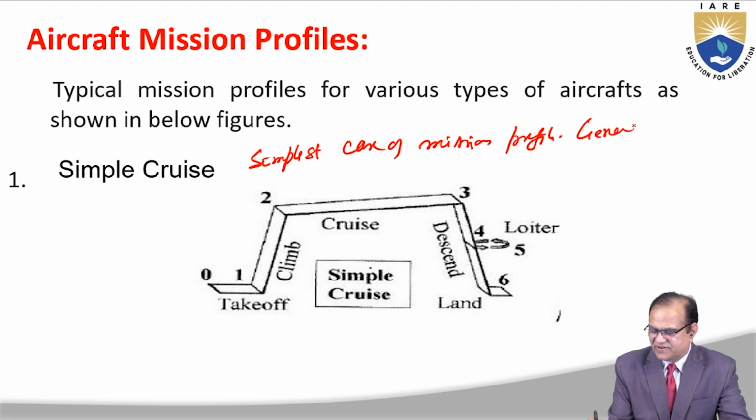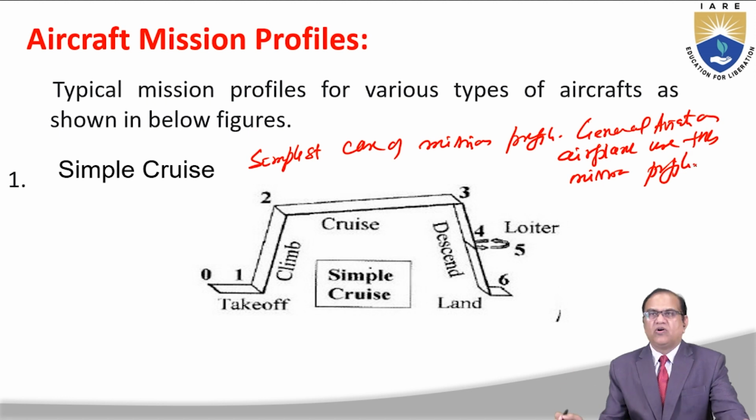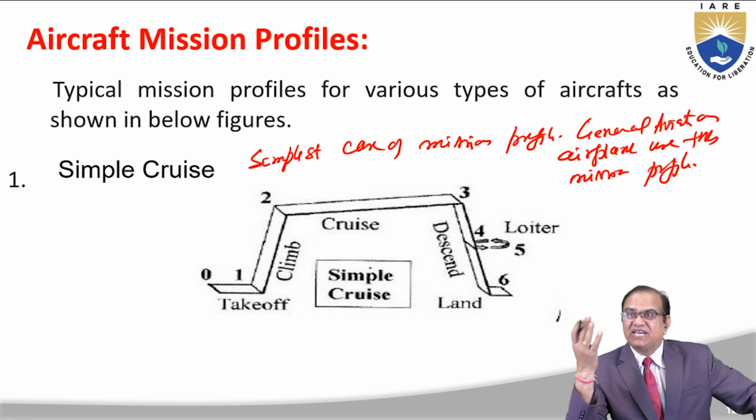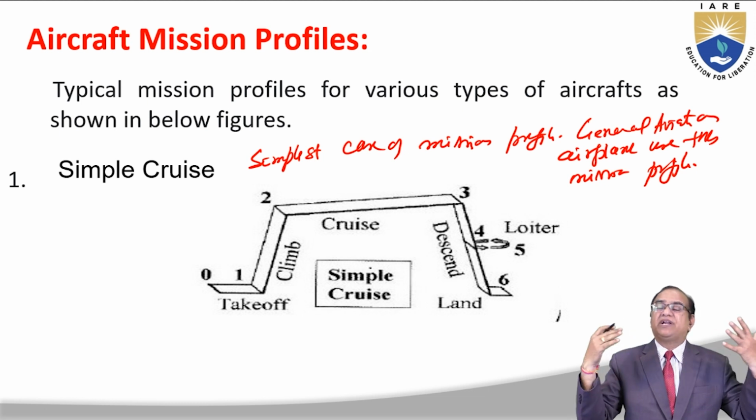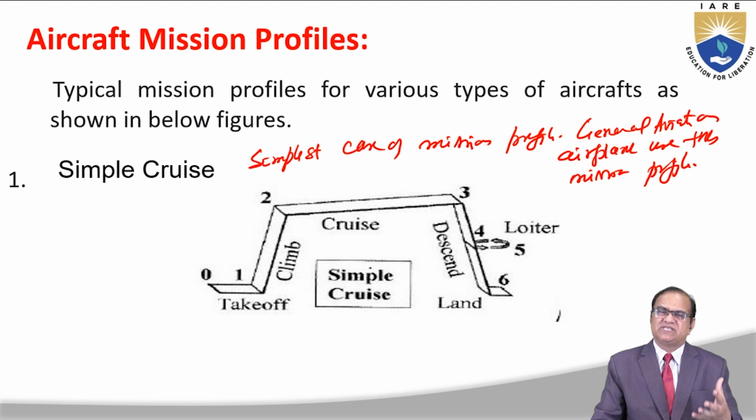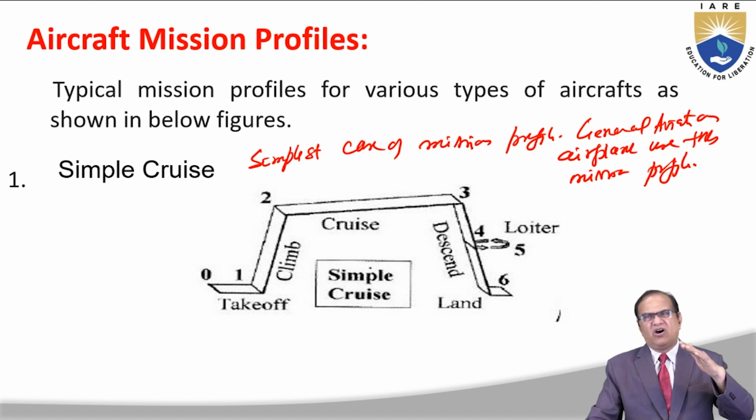General aviation airplanes use this mission profile. So what is the meaning here? General aviation means the aircraft which are small in nature and are used for different purposes like training, agricultural, recreation, firefighting, medical purposes, or tourist purposes, transferring from one place to another.